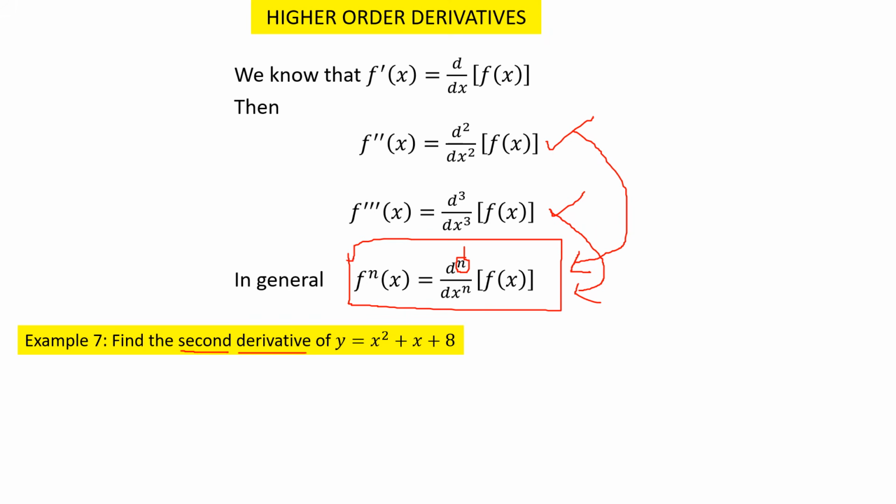So if I do the first derivative, the first derivative of the function will be x power 2 will give you 2x, and derivative of the second term x will give you 1. Okay. Then what is y double dash of x? That will give you 2, because the derivative of 2x will give you 2.